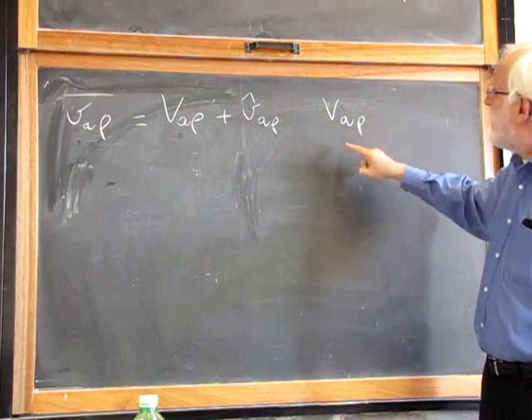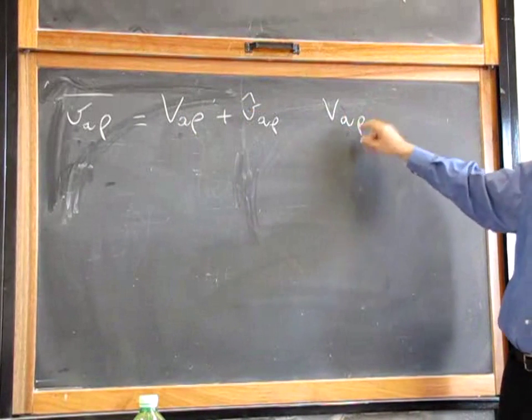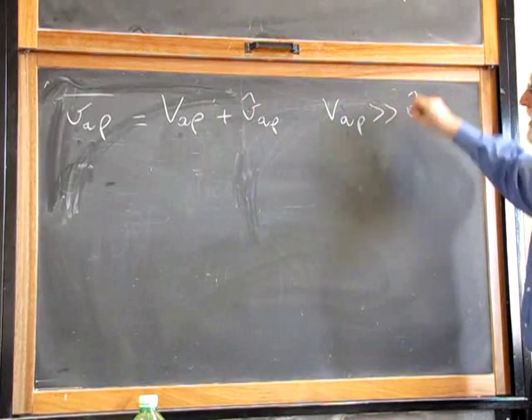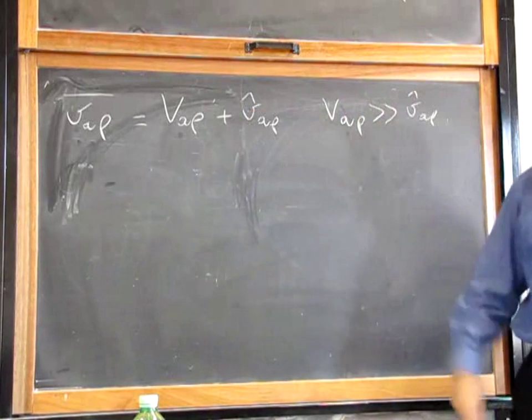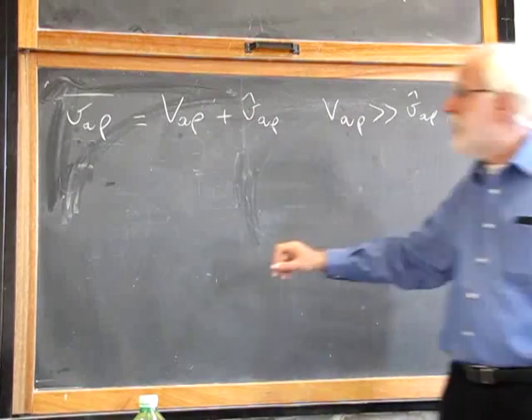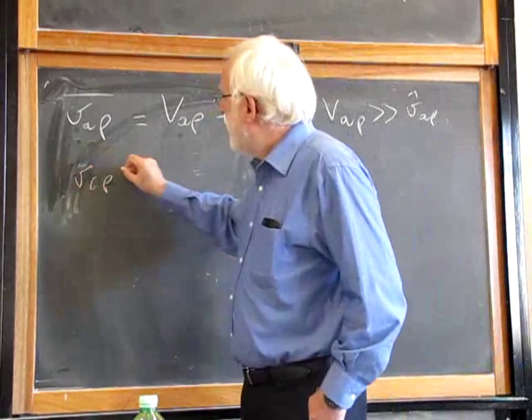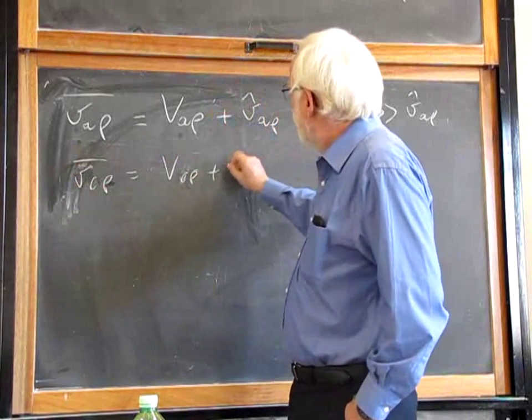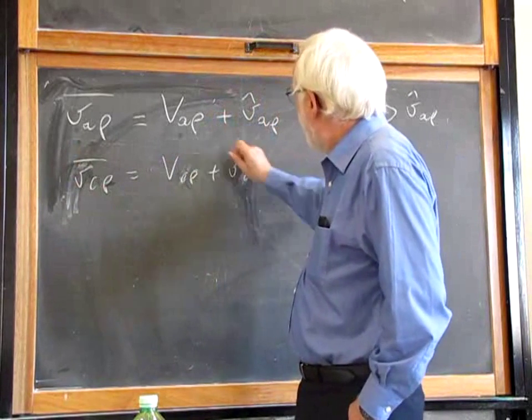And we have to guarantee that the VAP DC component is far larger than the VAP hat. And this is the same for all the values. So VCP will be equal to VCP DC component plus VCP hat.